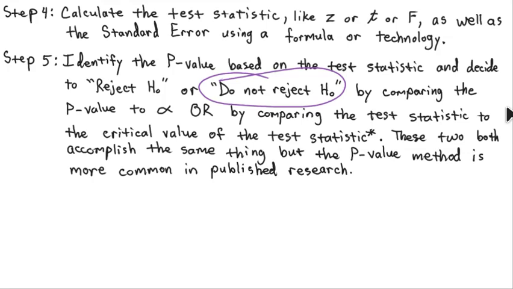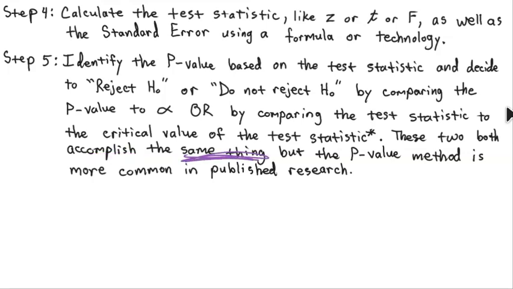Now, the means by which you do it can either be by comparing the p-value that you just found to the alpha, or we can compare the test statistic from step 4 to the critical value of the test statistic from step 3. Now, these 2 methods both accomplish the exact same task.